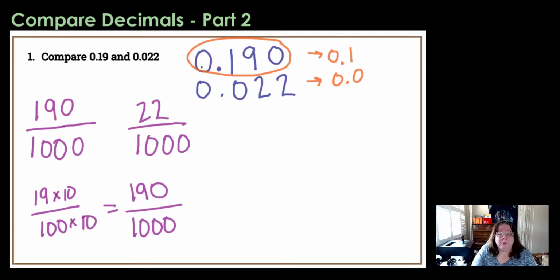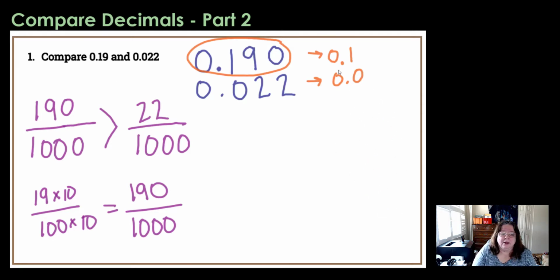So this is how we would write that. This is the greater than sign. This is the less than sign. And of course you already know the equal sign. But it really matters which one of these you write, because it has to fit with reading from left to right. 190 thousandths is greater than 22 thousandths. Let's write that in decimal form.